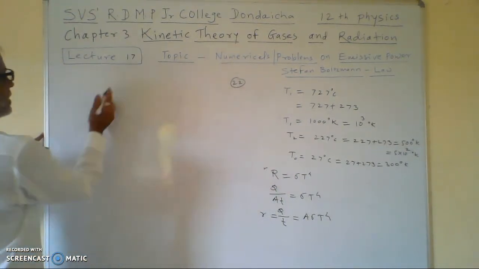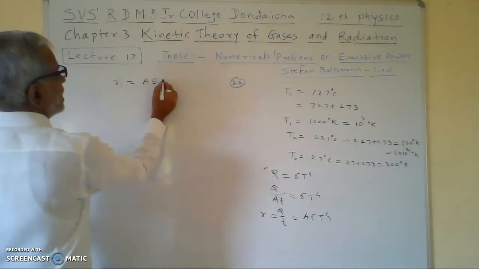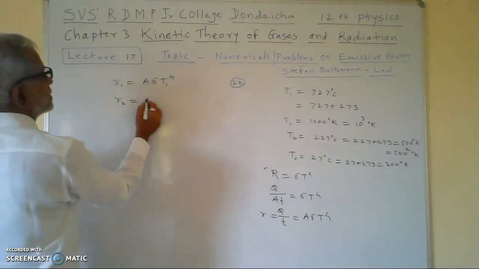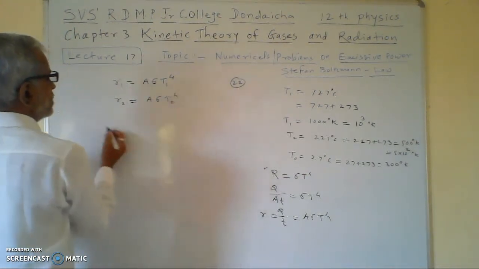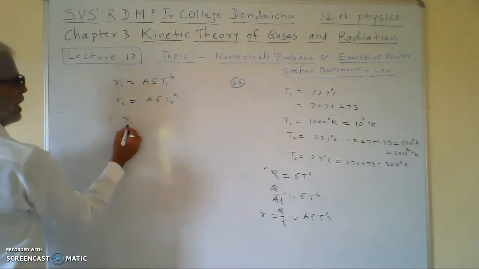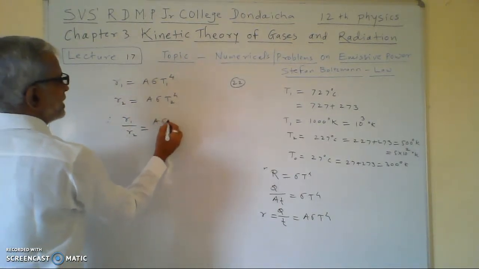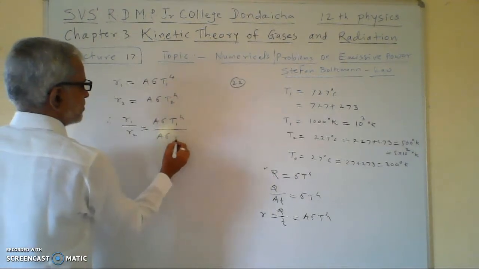So we write here R1 is equal to A sigma T1 raised to 4, R2 is equal to A sigma T2 raised to 4. Therefore, R1 upon R2 equal to A sigma T1 raised to 4 upon A sigma T2 raised to 4.